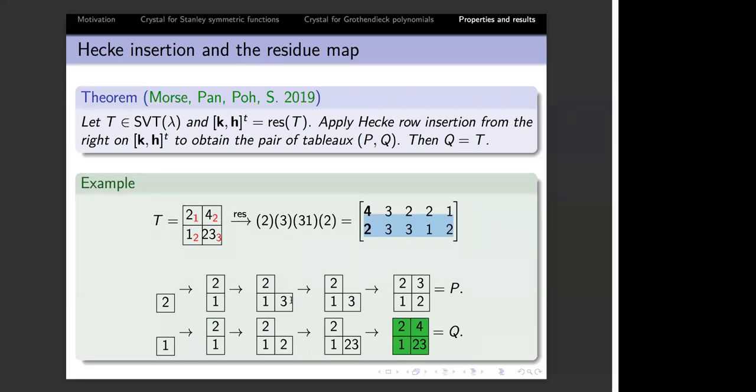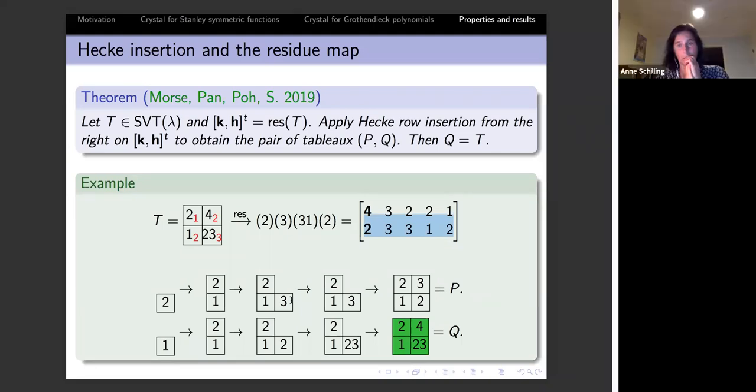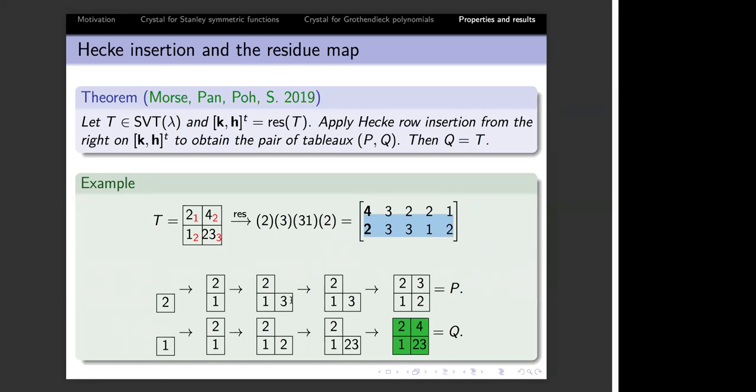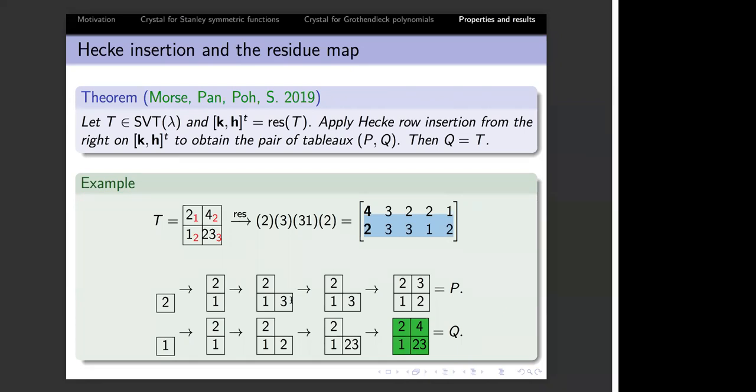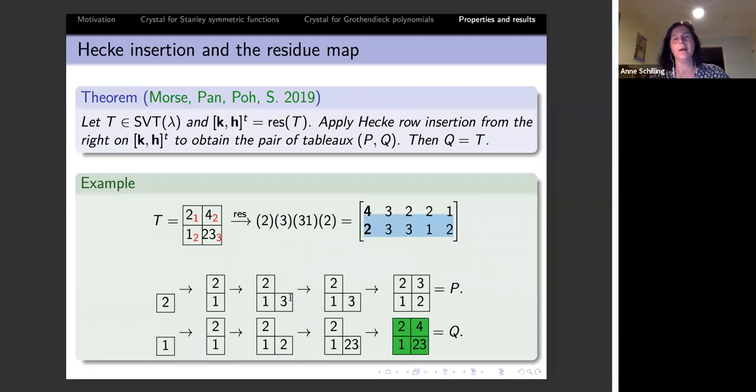I understood the principle, although maybe not the details, but that's not my question so much. So you have the star insertion on the one hand and the Hecke insertion on the other. Yes, but on this slide, I'm only using Hecke insertion. I understand. But you said this Hecke insertion works only for a particular shape tableau, or a straight tableau. What did you say? Only the theorem on this slide works when it's a straight shape.